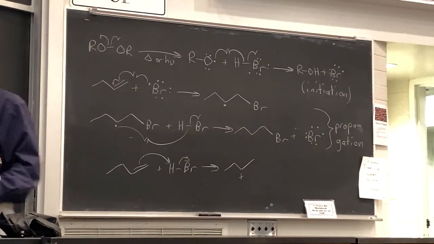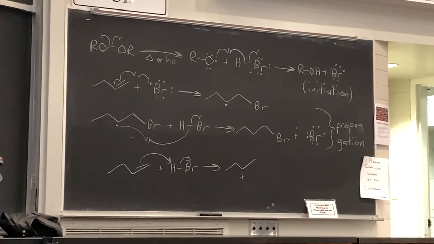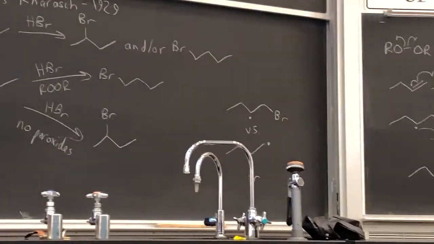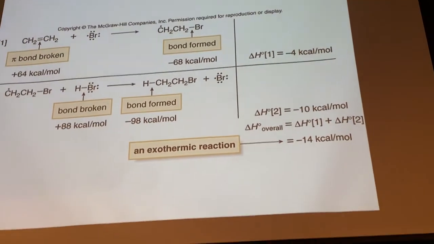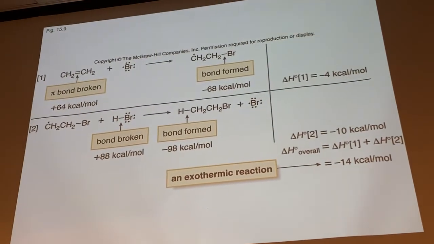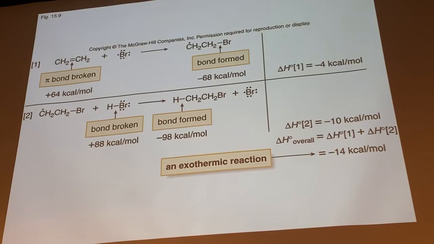Okay, let's look at a figure on the screen that's going to show us energy differences, delta H's, in these two propagation steps. Radical addition of bromine to ethylene in this particular case. And we see that the carbon-bromine bond we form is a little bit stronger than the pi bond that we're breaking.